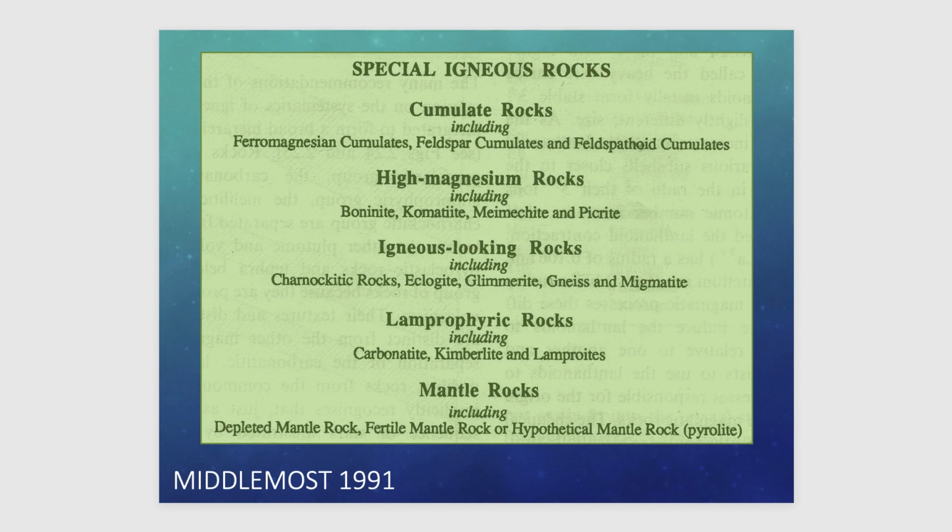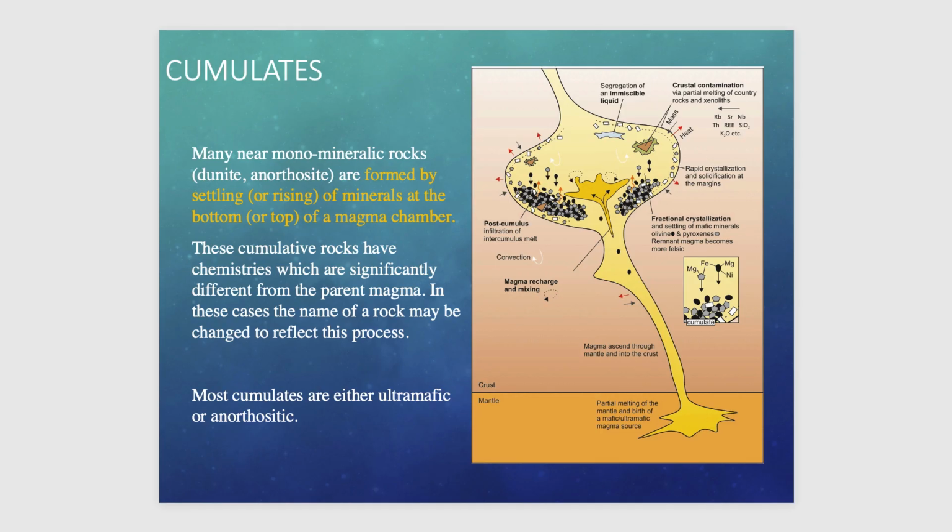So if we start from the first group, we have the cumulates. We are revisiting the concept we discussed already in a magmatic chamber. Usually you have crystallization that takes place with the nucleation of minerals. This could be either mafic or felsic minerals, and they will have a density that could be either higher or lower than the magma.